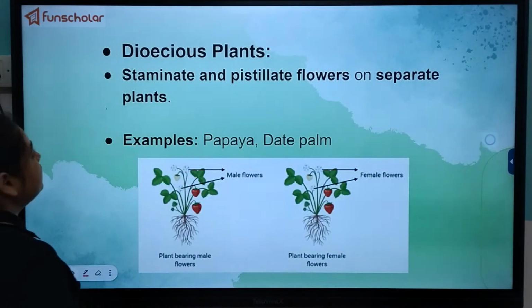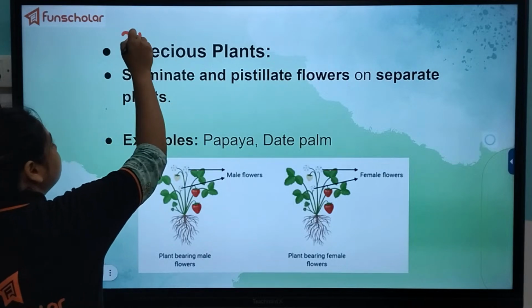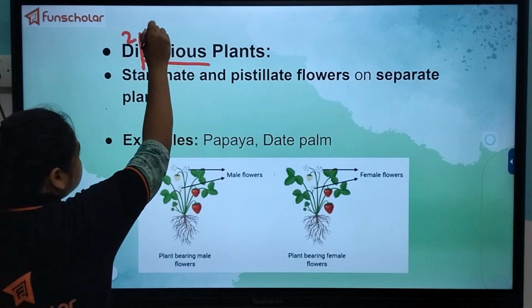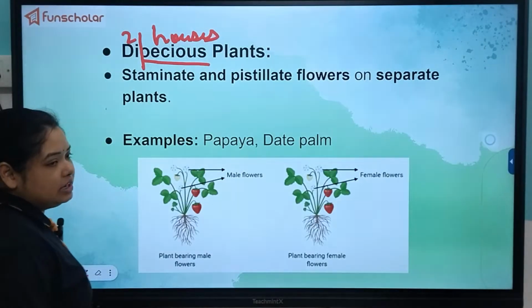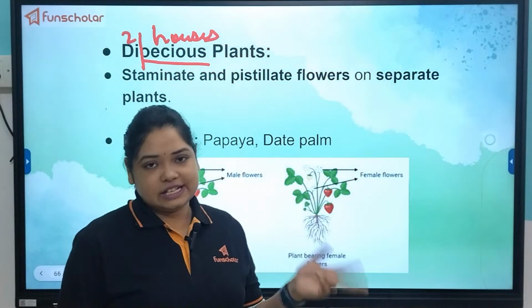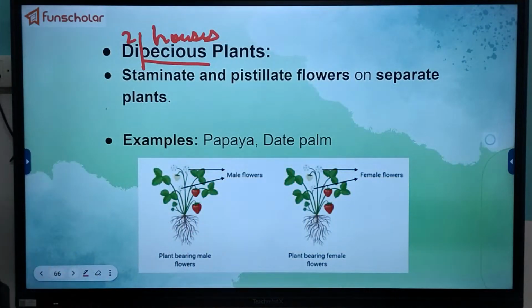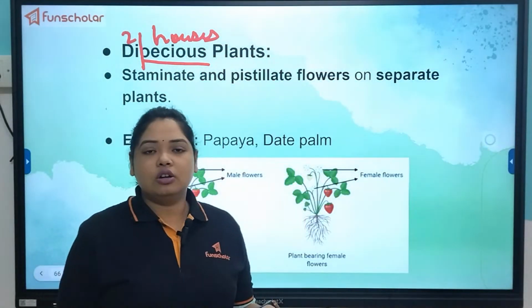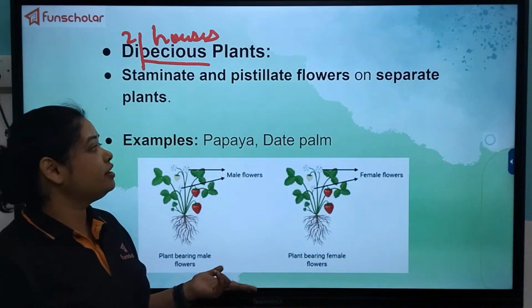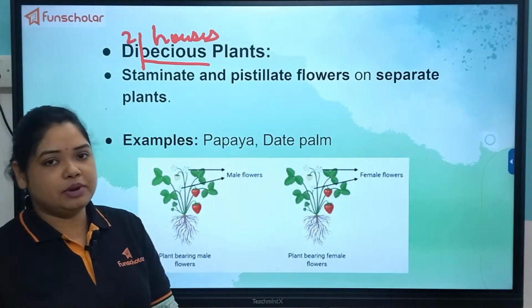On the other hand, dioecious: di means two and again oecious means house. So two houses, separately for the two sexes. The staminate flowers will be borne by one plant, and the pistillate flowers will be borne by another plant.